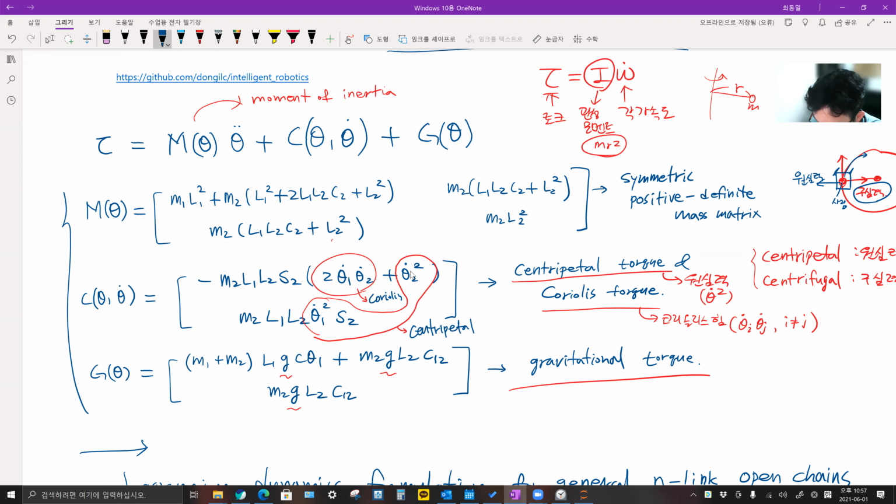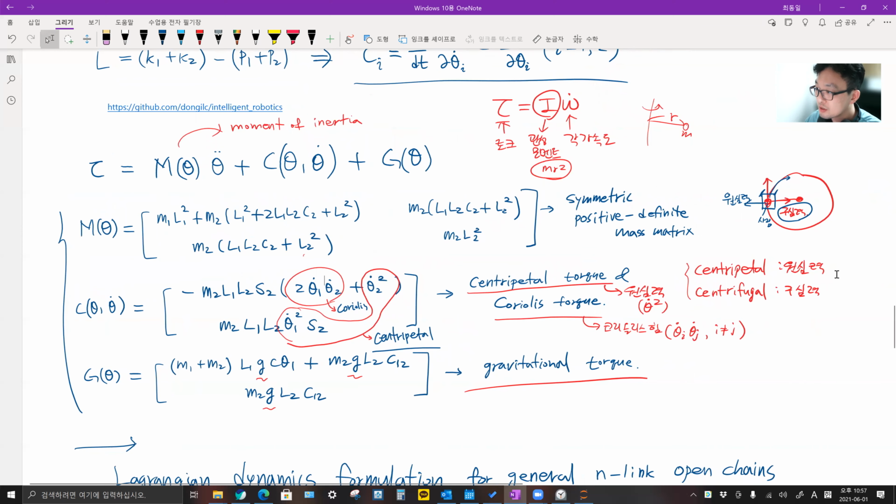So the square terms are about the centripetal acceleration, and the multiplication of different velocities becomes the Coriolis term. Actually there are different accelerations. One is centripetal and the other one is centrifugal.